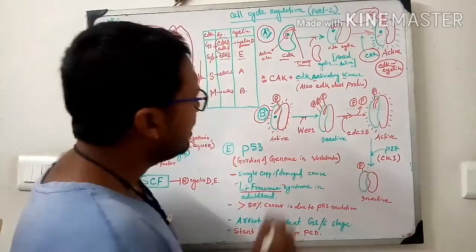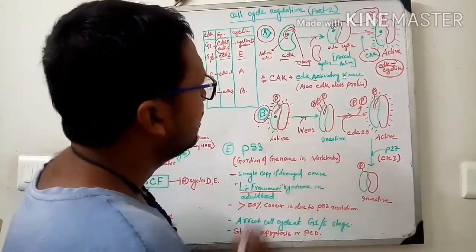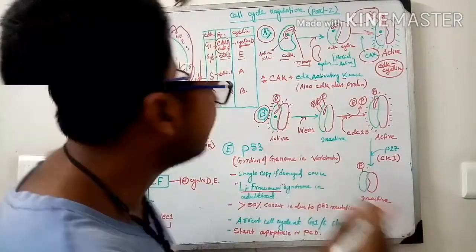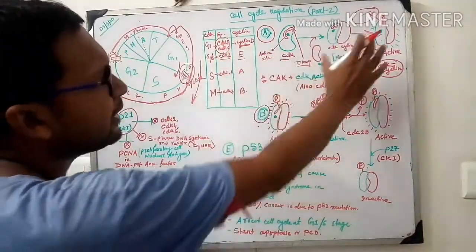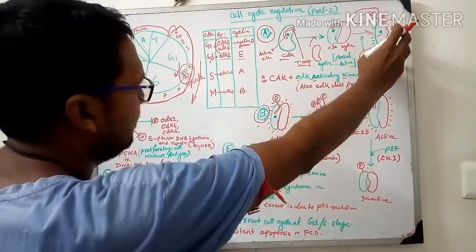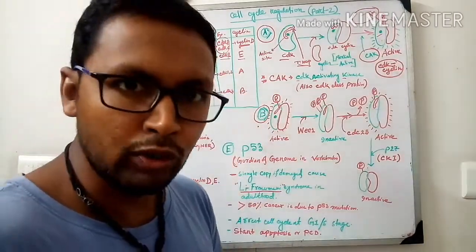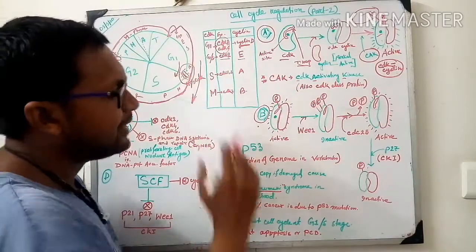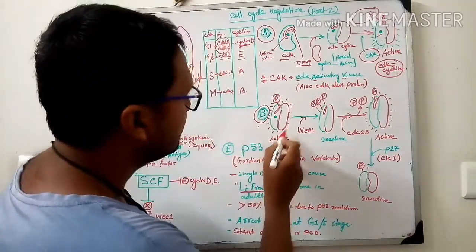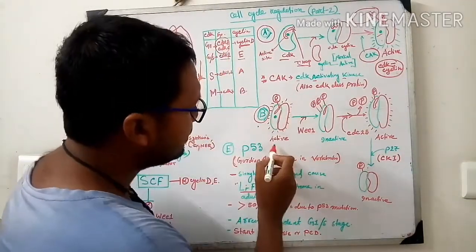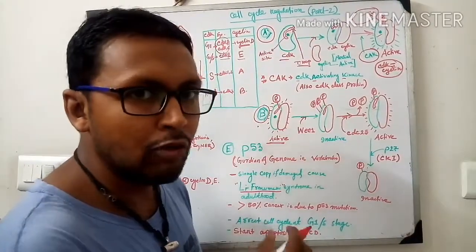So in the next stage, the CDK-cyclin is performing well, so the cell will run and divide into the next cell, that is, growth will occur. Now, what are the inhibitors of CDK-cyclin? Suppose here is the active CDK-cyclin, which will perform.